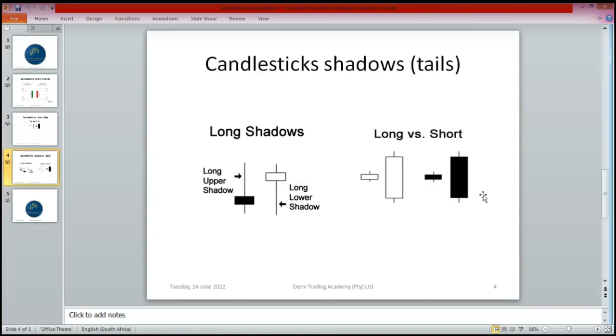If a candlestick has a longer upper shadow, just like this one right here, and a short lower shadow, this means that buyers flexed their muscles and bid price higher.